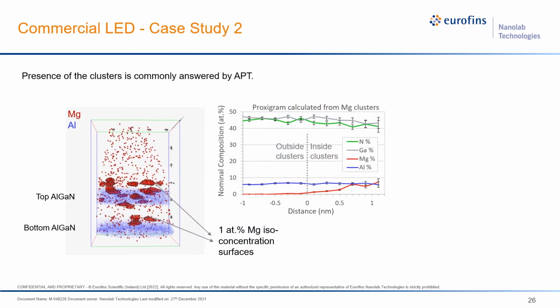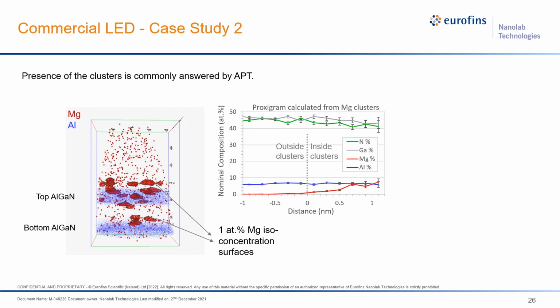We can go one step further, which is what atom probe tomography is also very useful for: not only to observe these small clusters of magnesium, but also to understand the composition of nanoscale clusters.